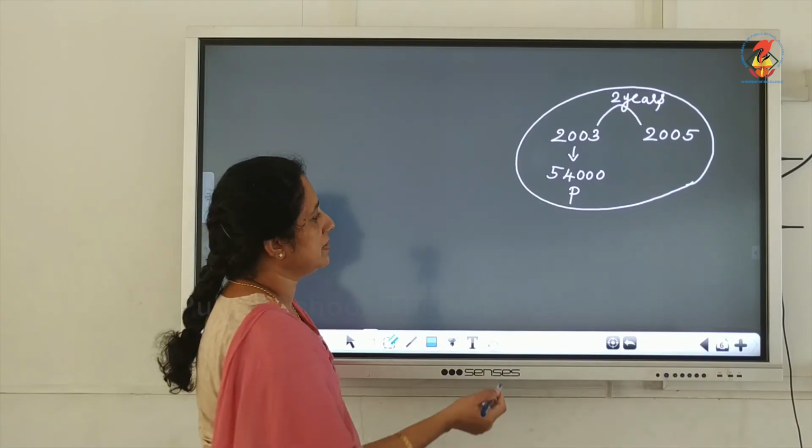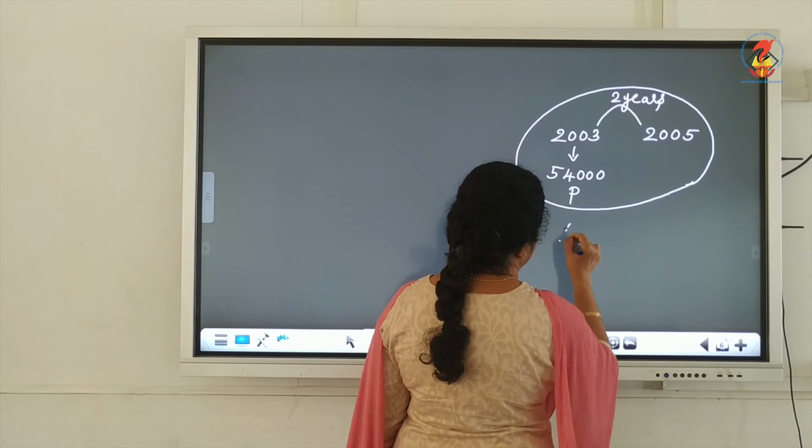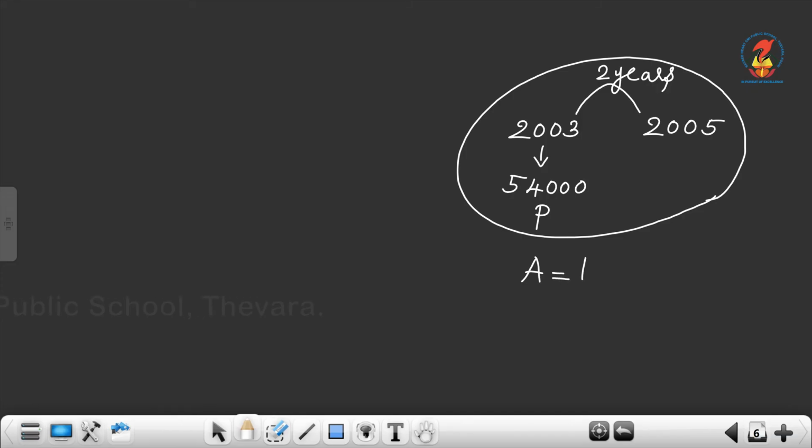So when you compare with compound interest, the amount in compound interest, A equal to P into 1 plus R by 100 whole raised to N. So P here is 54,000, that is the population in 2003. After 2 years what would be the population?